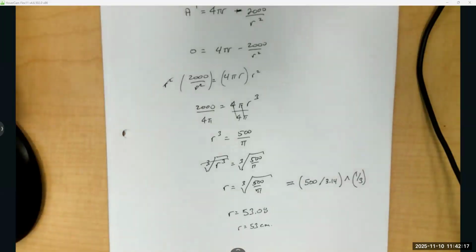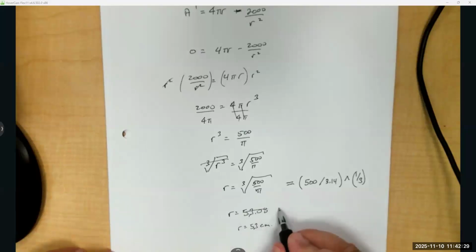Or 5.3, I should say. I put a wrong number in there. I just noticed that my numbers are pretty small. So 5 point what? 5.419. So that's the radius in centimeters.